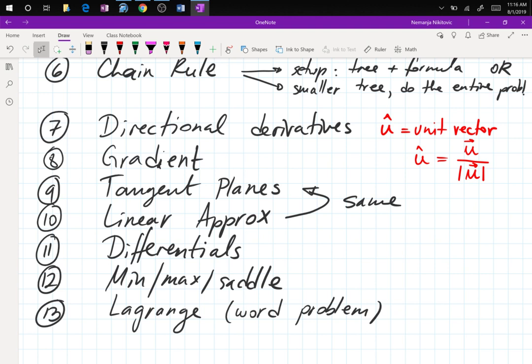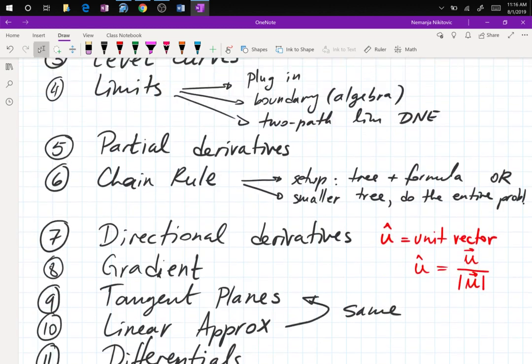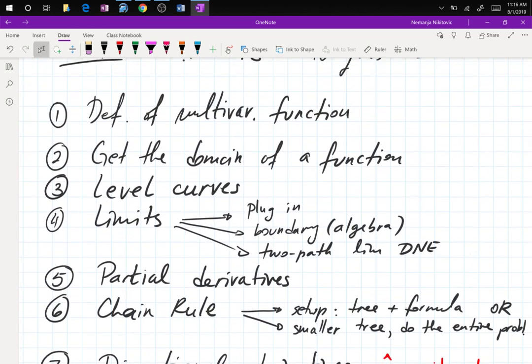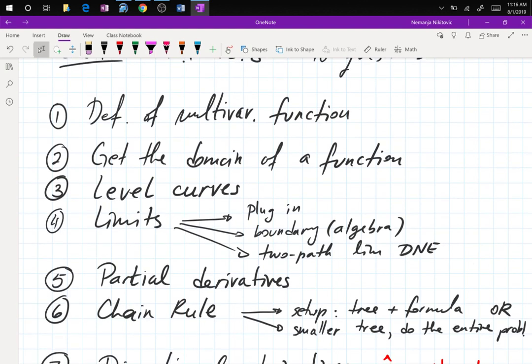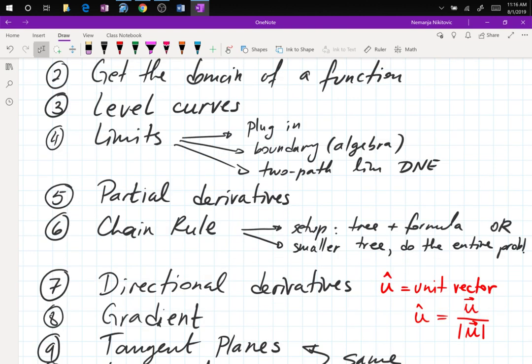Are there any questions? Any problems? Yes? Everything. So for our honors students, you already have the definition of the multivariable function like everyone else, obviously, to get the domain, curve.